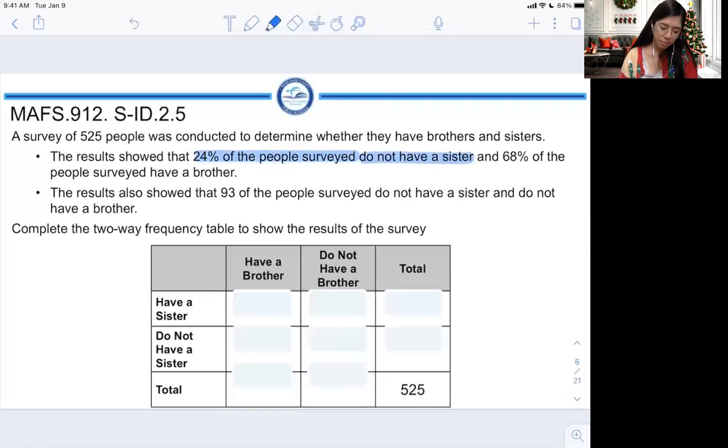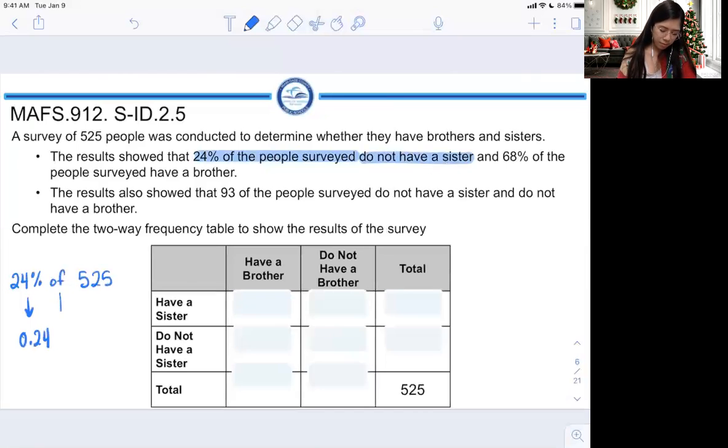24% of the people surveyed. How many people were surveyed? 525 people. So we're looking for 24% of 525. Here's what we do. What's 24% as a decimal? 0.24.